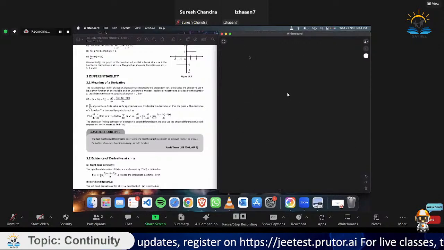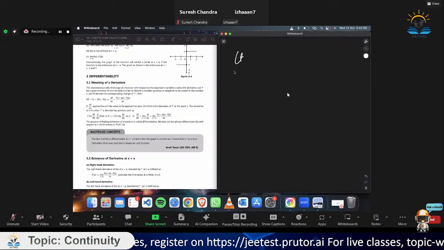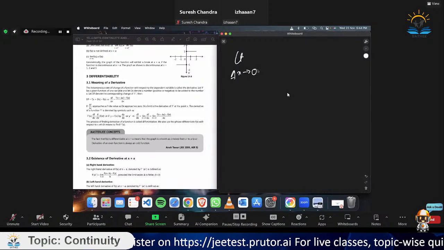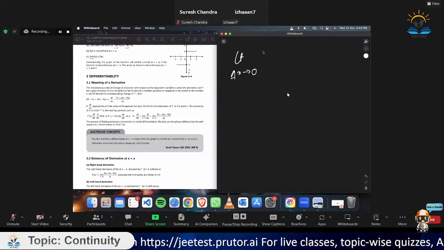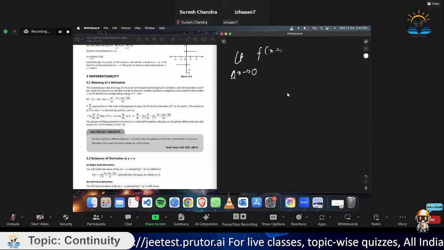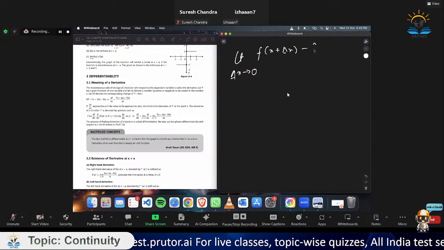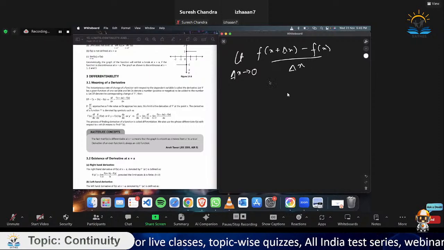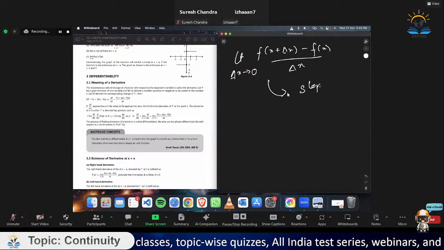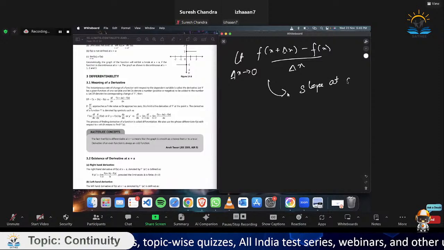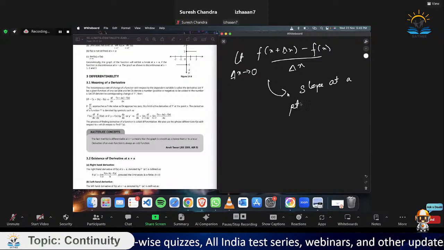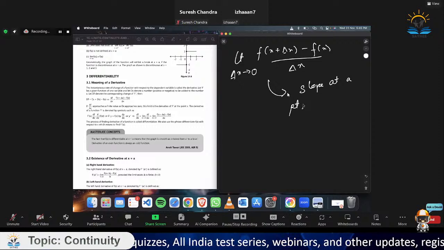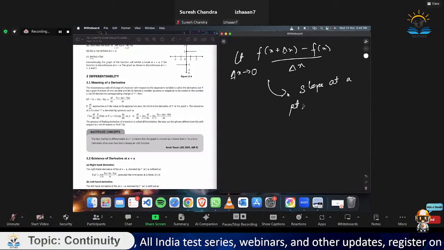So now we got that if the limit of Δx tending to 0 is there, then (f(x + Δx) minus f(x)) whole divided by Δx gives me the slope at a point, not between 2 points, simply at a point, right?